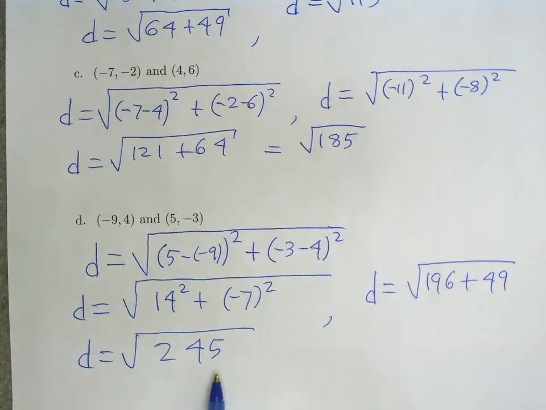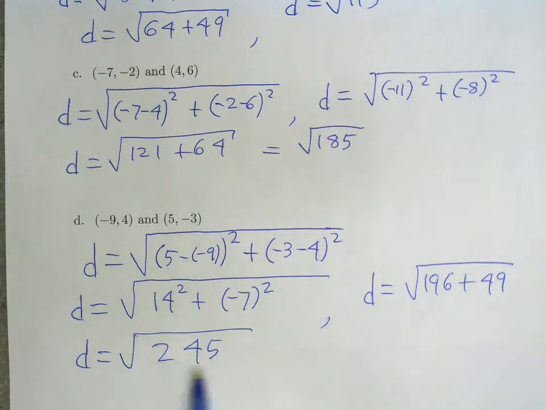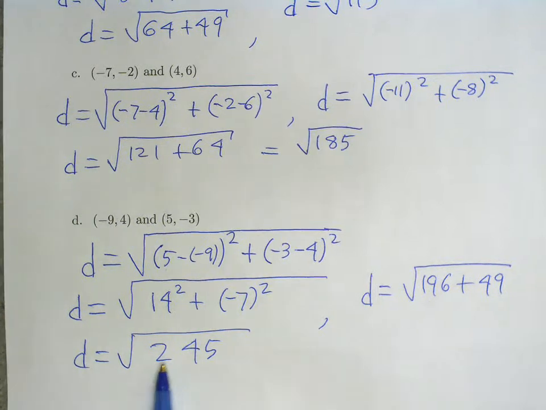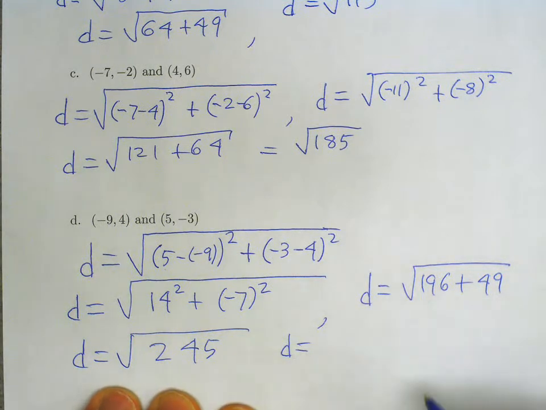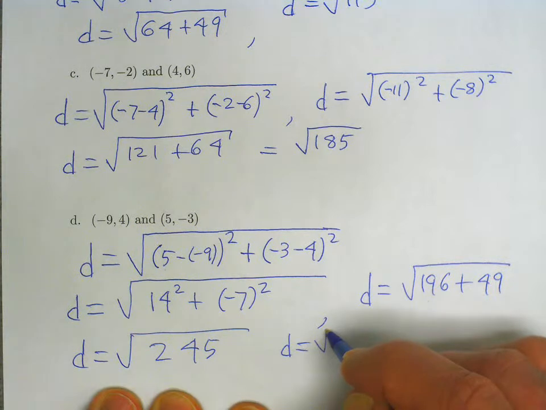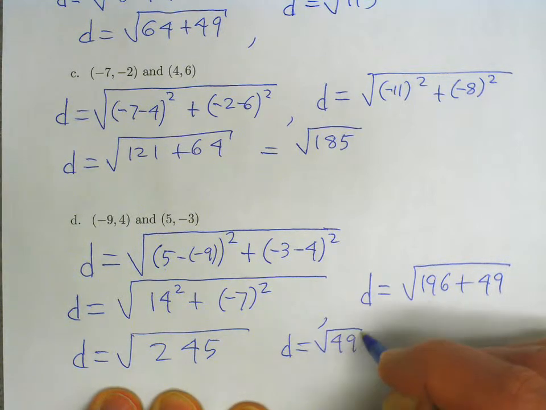And let's see. So this can be simplified because 245 is 5 times 49. 49 is a perfect square. So we can simplify this one further. So the square root of 245, you can think of that as the square root of 49 times the square root of 5.